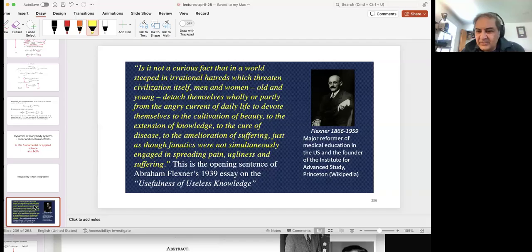Abraham Flexner was a very interesting character. Abraham Flexner, by the way, was one of the founders of the Institute of Advanced Study in Princeton back in the 1930s. And Flexner was a medical doctor. He was a very influential medical doctor.